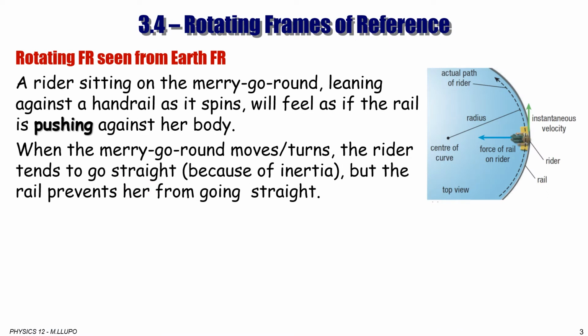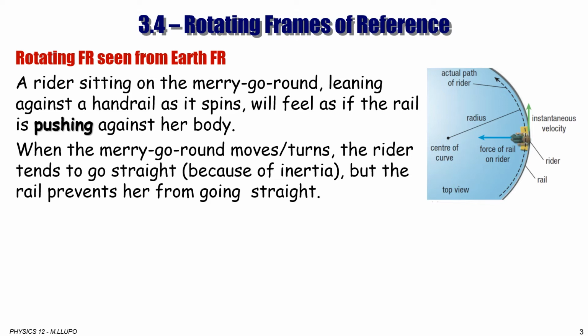Here is a situation. There's a rider on a merry-go-round leaning against the handrail as it spins. Definitely, that rider will feel the handrail pushing against her body. When a merry-go-round turns, the rider tends to go straight because of inertia. That's a natural tendency of motion.